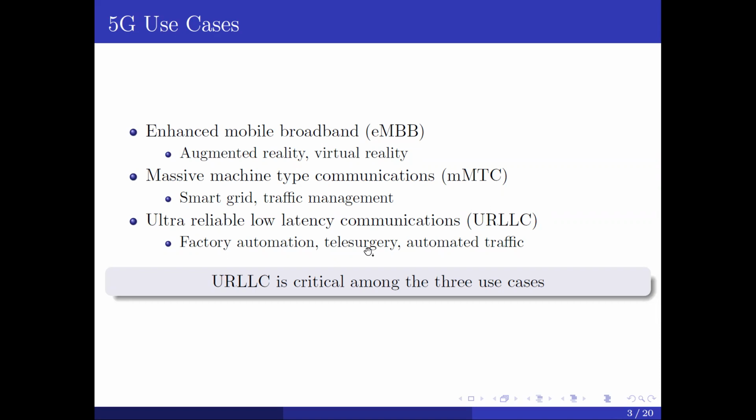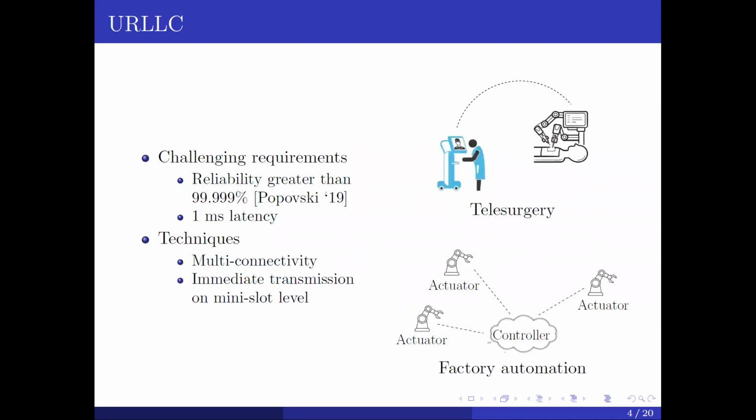Now, among these 3 use cases, URLLC is critical. We see now why it is critical. First thing, URLLC has challenging requirements like reliability greater than 99.999% and a latency of 1 millisecond. For example, consider an application like telesurgery. The doctor is present at a remote location far from the patient, and he sends instructions which are received by a robot which is conducting the surgery.